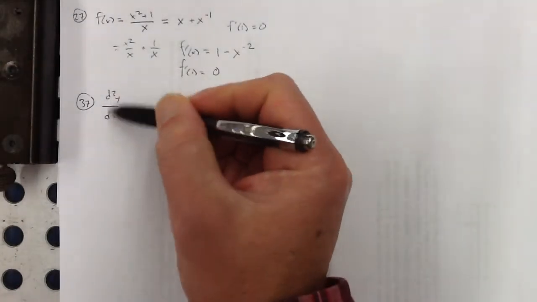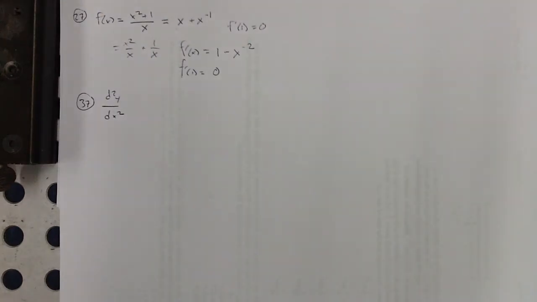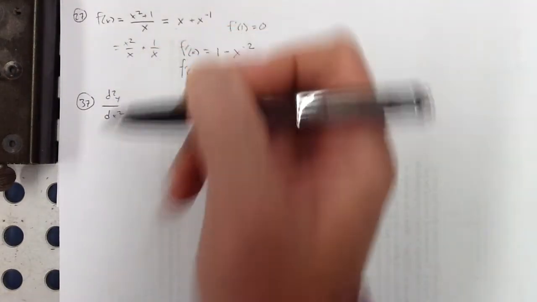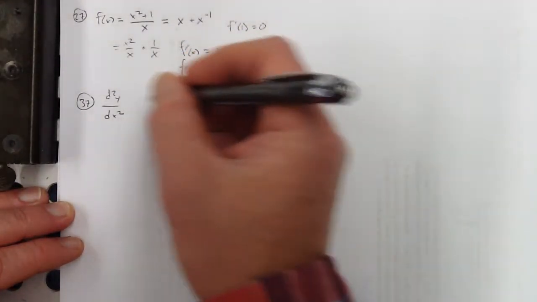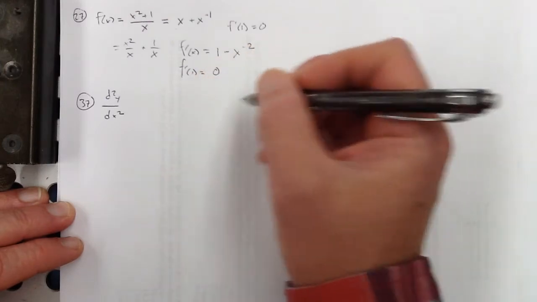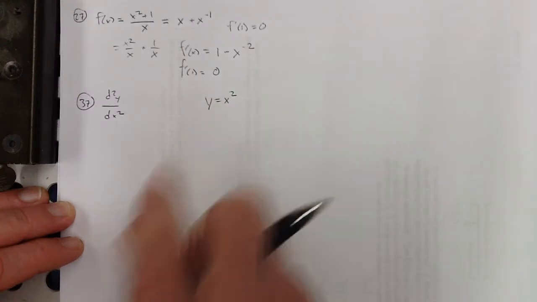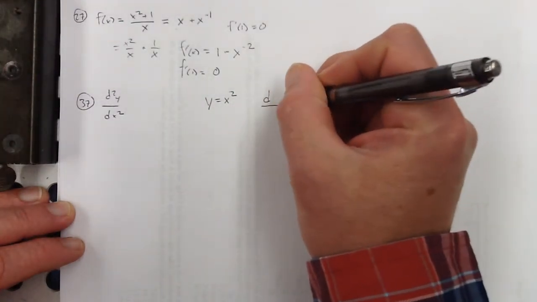Okay, so 37, the directions say find, what does that mean? That just means the second derivative. Now you might be wondering why those 2's are weirdly staggered like that. Sure, I'll explain it real quick. There's a version of this dy dx thing. Let's say you have y equals x squared, and you want to take the derivative of that. Well, you'd be finding dy dx.